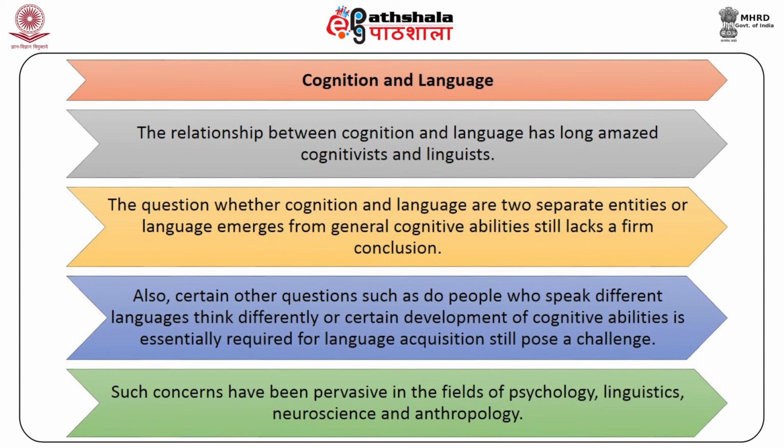Also, certain other questions, such as do people who speak different languages think differently, or is certain development of cognitive abilities essentially required for language acquisition, still pose a challenge. Thus, concerns have been pervasive in the fields of psychology, linguistics, neuroscience, and anthropology.